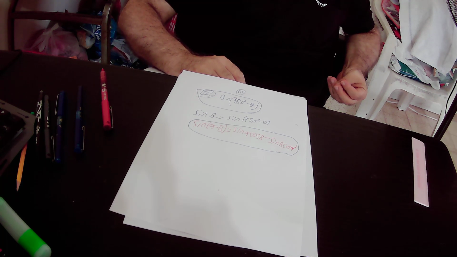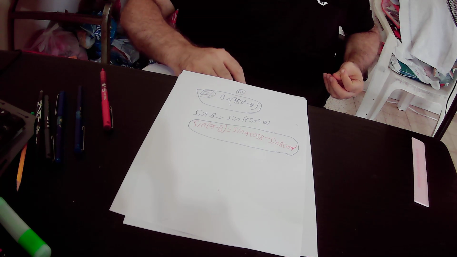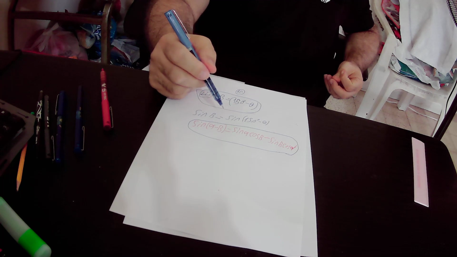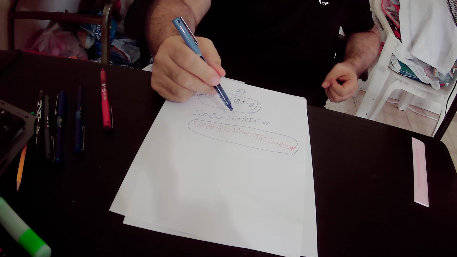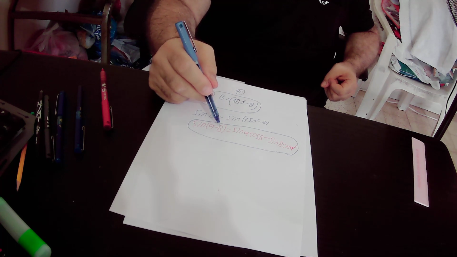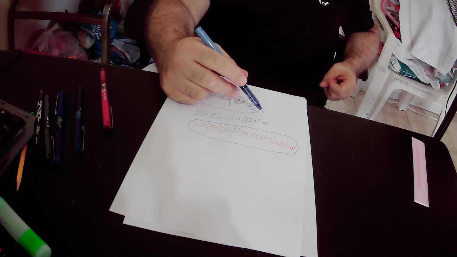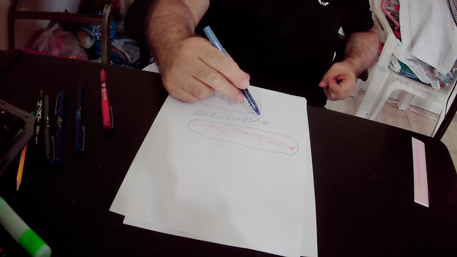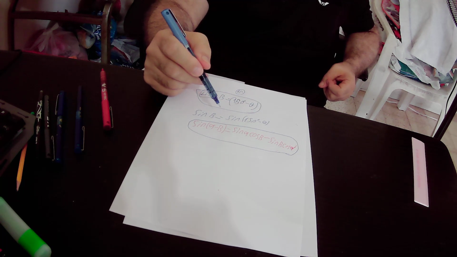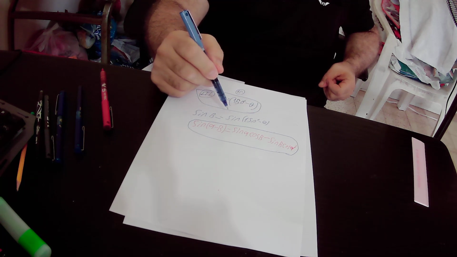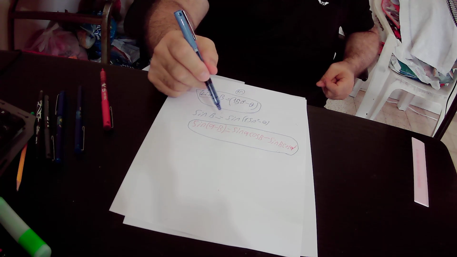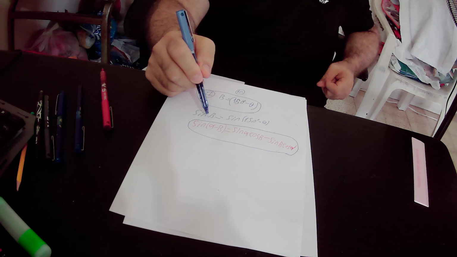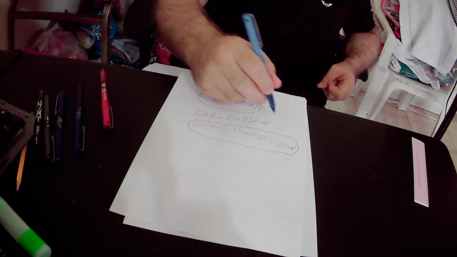Then we will say that alpha equals 150 degrees, and we will define beta as theta. That is to say, beta equals theta, and we will find the value of sine of 150 degrees minus theta according to the second trigonometric identity.